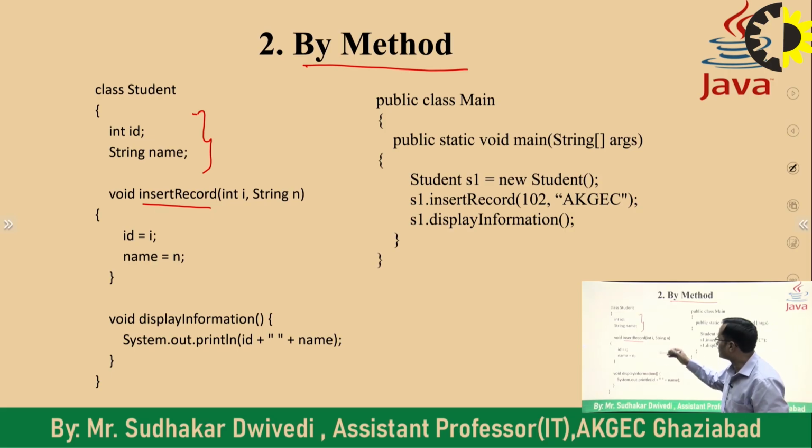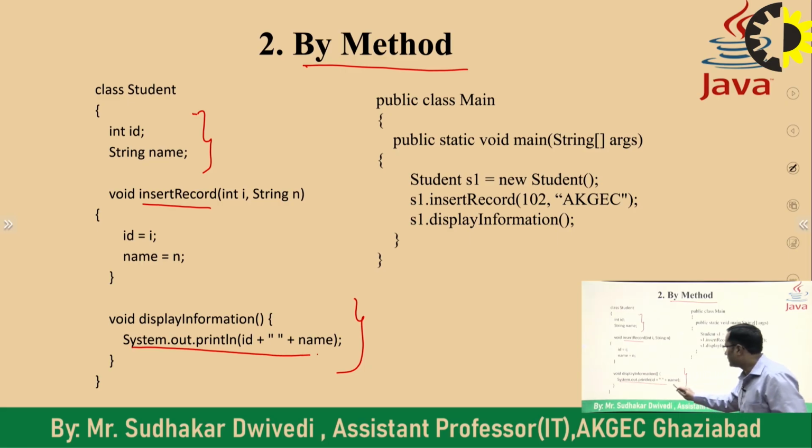This method is called to initialize these variables, because the method is available in the same class, which means it can have access to this data. We also have another method in this class, displayInformation, which displays the ID and name, both.